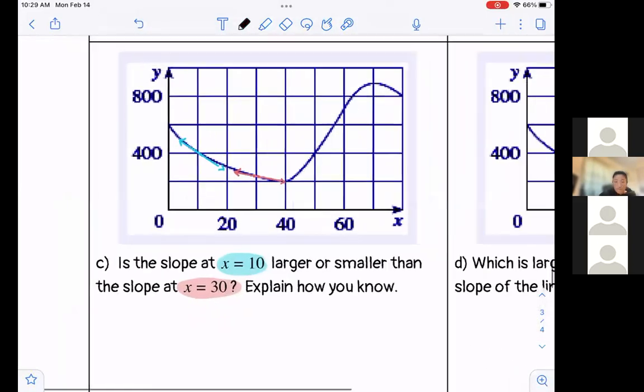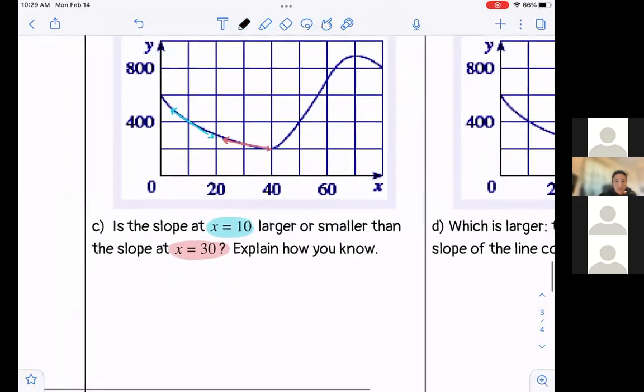So now that we have maybe a more clear picture, let's look at this question again. Is the slope at x equals 10 larger or smaller than the slope at x equals 30? What do we think now that we can see this blue line and the red line? All right, so maybe.